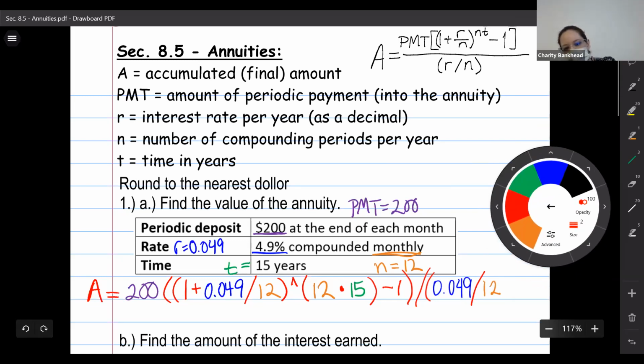All right, so this is how it's going to look when I type it into my scientific calculator.